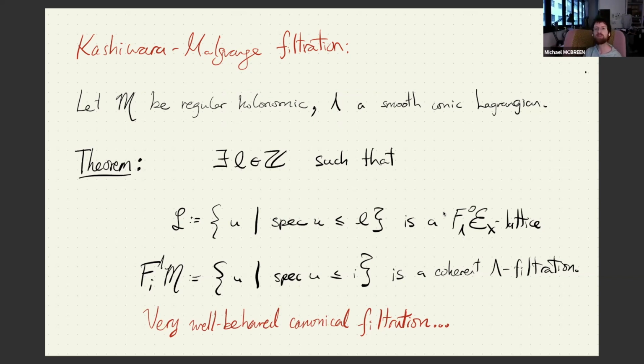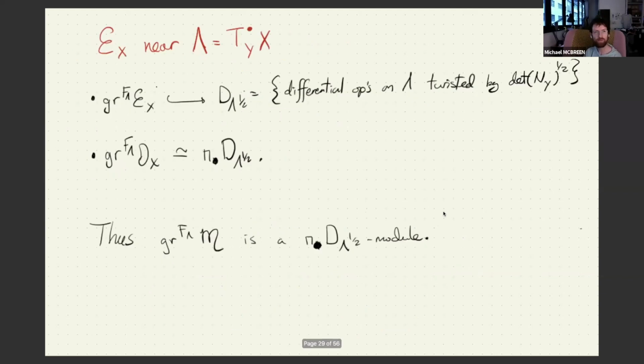But for us, the point of this filtration is it allows us to define an analog of vanishing cycles. So the idea is that if you take the associated graded with respect to our lambda filtration on differential operators, what you get is more or less differential operators on lambda itself.